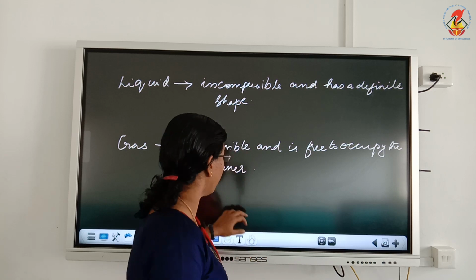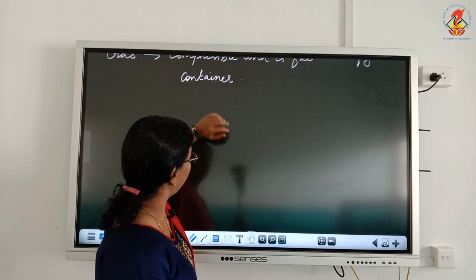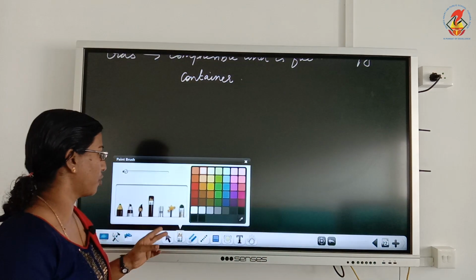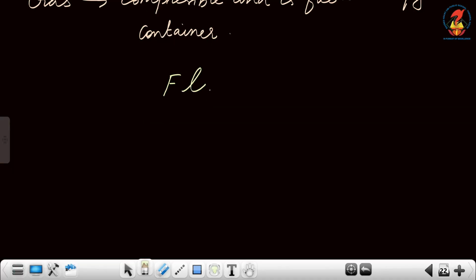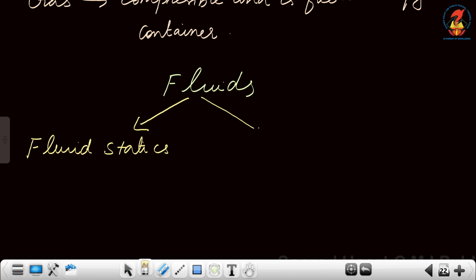Now, in physics, the study of fluids is categorized into two. There are two main categories for fluids in physics, which are fluid statics and fluid dynamics.